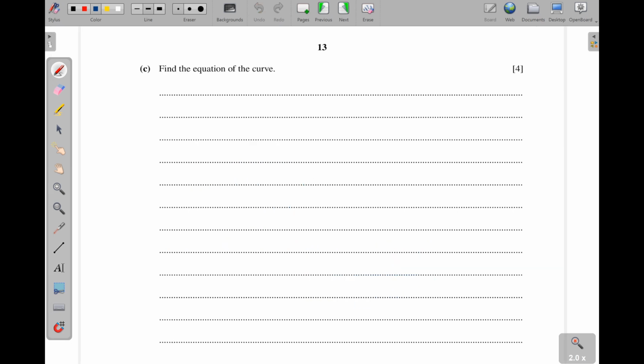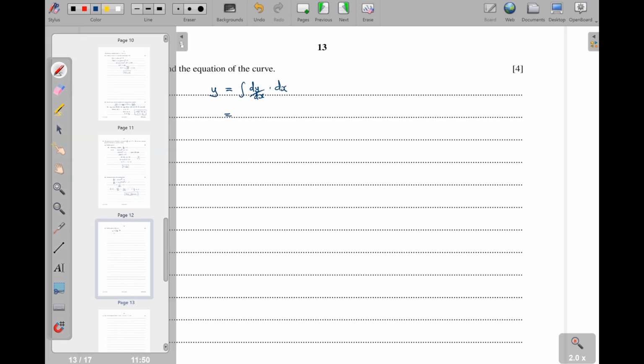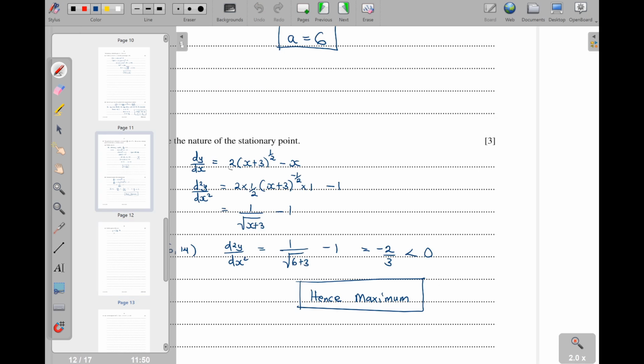But C, find the equation of the curve. That means we have to integrate dy/dx with respect to x. So what is our dy/dx? Our dy/dx is this one here.